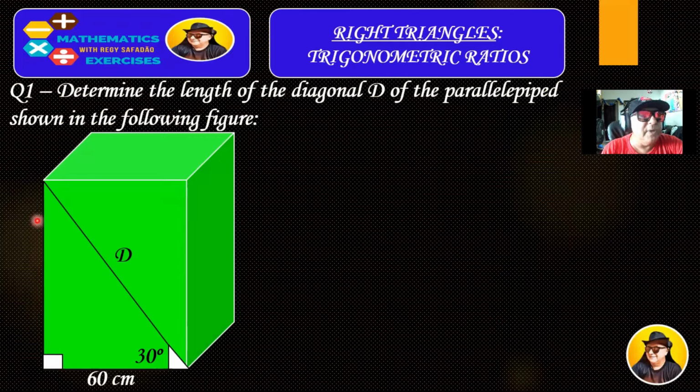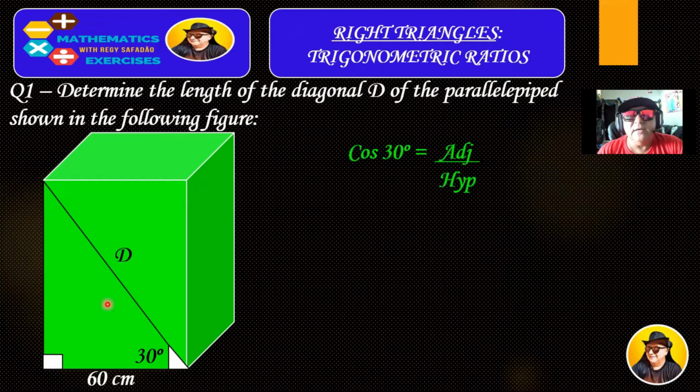But it's not going to be used in this problem, because we want to find the diagonal, all right? And 60 centimeters is the adjacent side. So what involves adjacent side and hypotenuse? Sine, cosine, or tangent? Good, cosine.